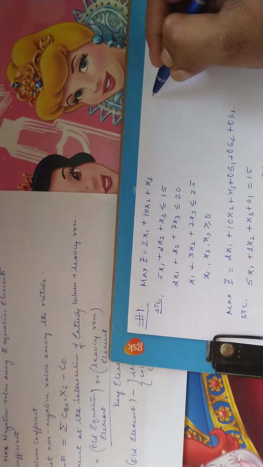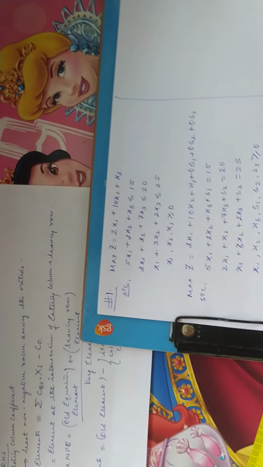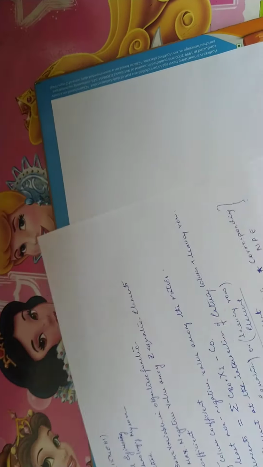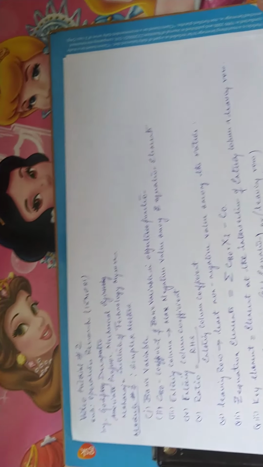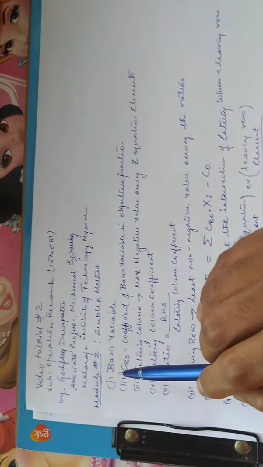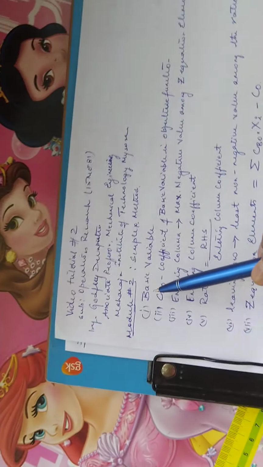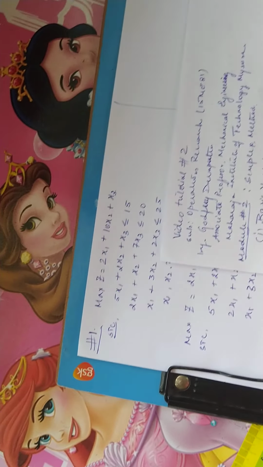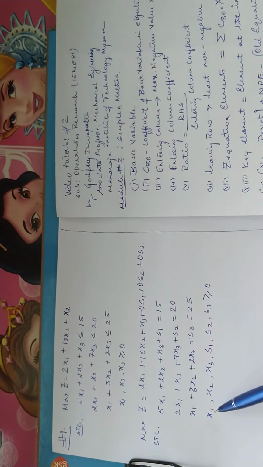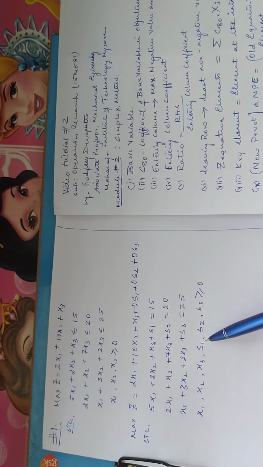In order to now solve this particular LPP, we are supposed to make note of a few important relations here. The first most important definition that we need to understand is the basic variable. Here the basic variables, as I am showing, are x1, x2, x3, s1, s2, s3.